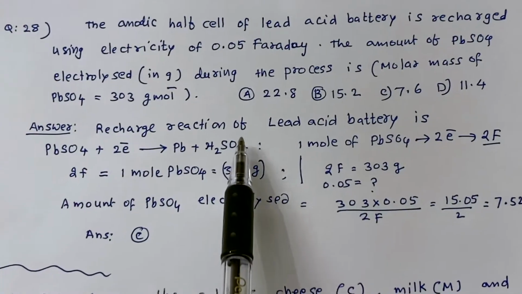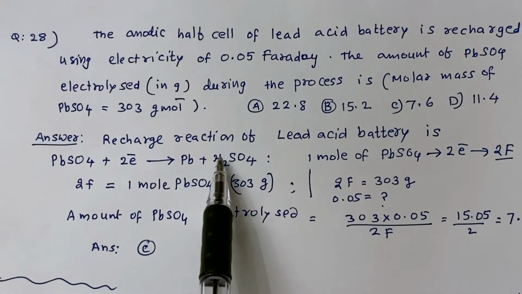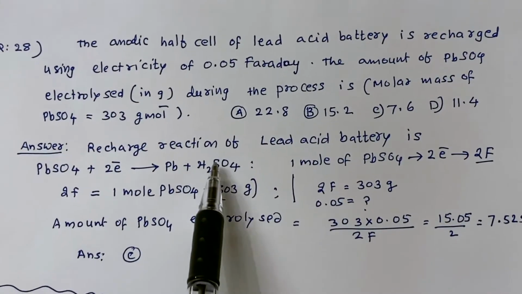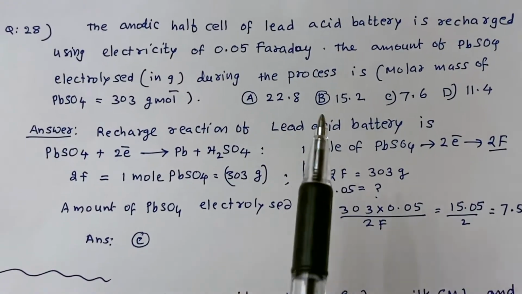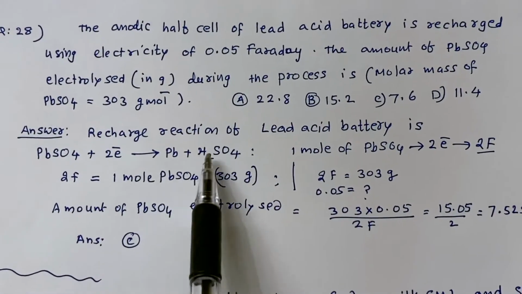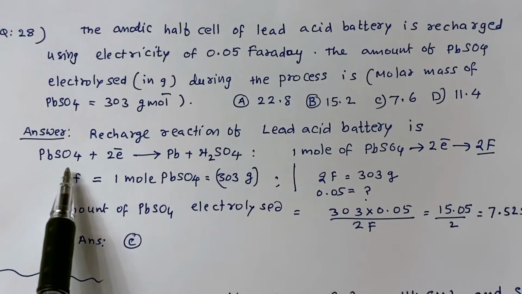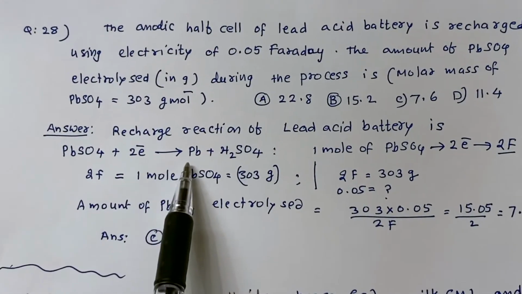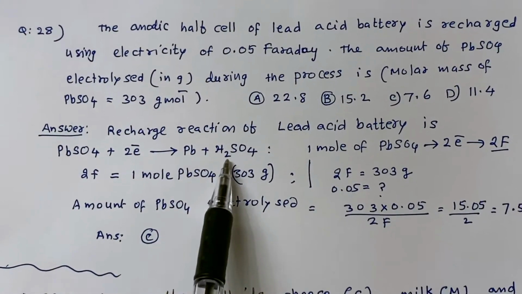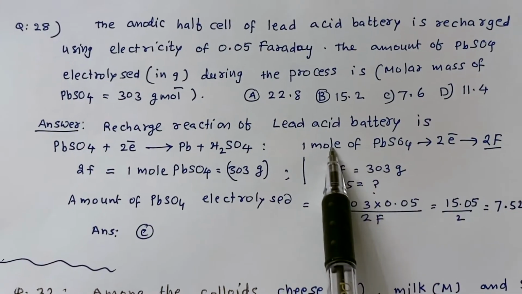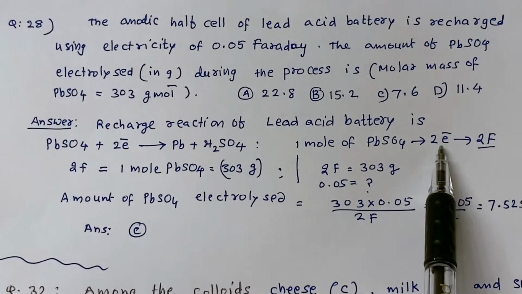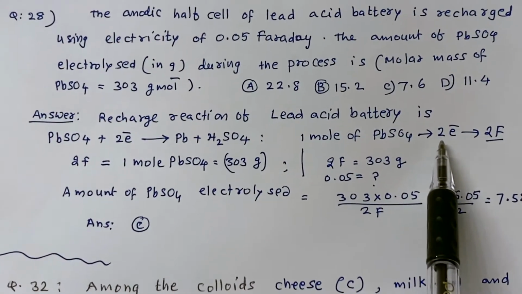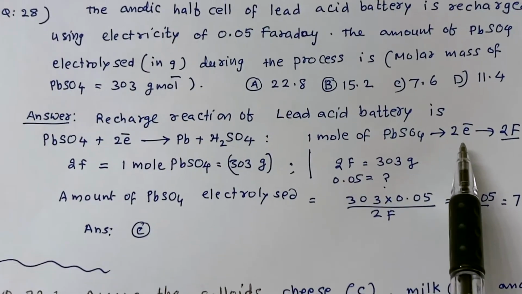This is important; you have to learn all the battery equations in electrochemistry by heart. Here the recharge equation is PbSO4 plus 2 electrons gives Pb plus SO4 2-. So 1 mole of PbSO4 consumes 2 electrons.